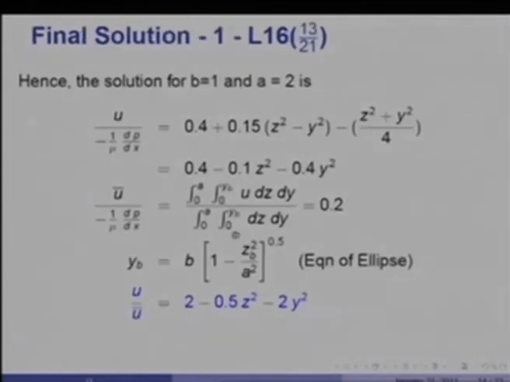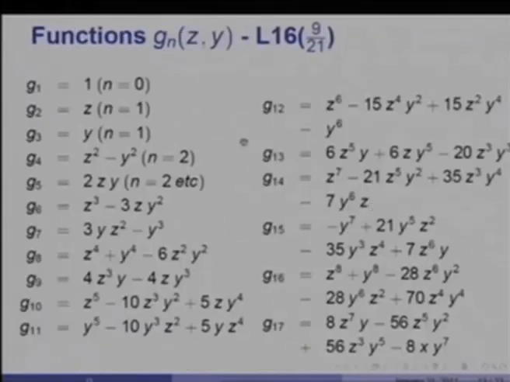For example, the final solution then is simply, remember u is equal to u star, which is C 1 plus C 4 into the function G 4. Do you see that?